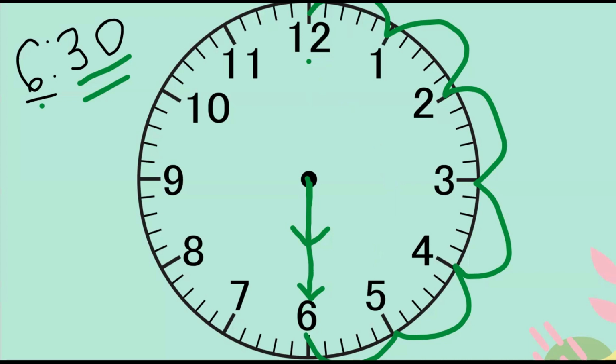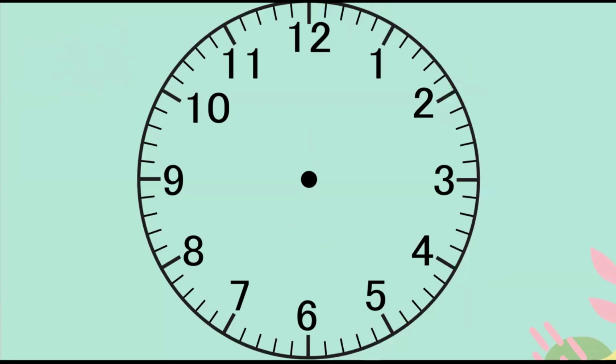Okay, let's do one more. This time we're going to do 4:30. So let's pretend that our time is 4:30. We're going to do the hour hand first. Can you tell me, is the hour hand short or long? Good job, it's the short one. So we're going to do a little arrow pointing right at the 4.